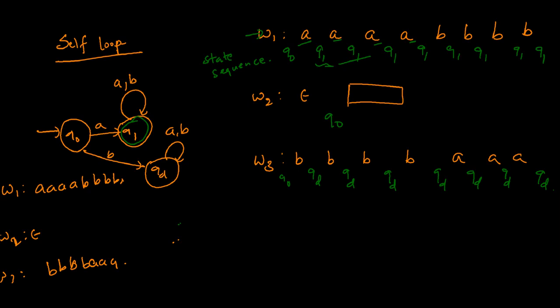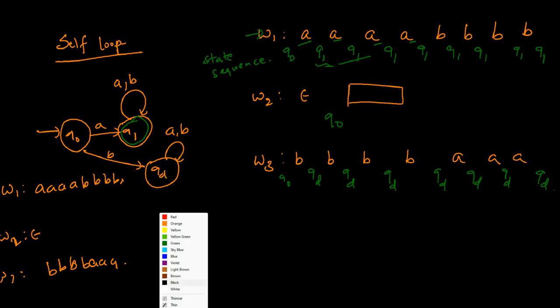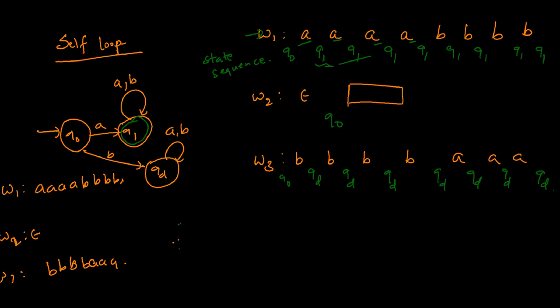So do you understand what I mean? This is Q1. Q1 is the final state. So on seeing A, you reach Q1. It means A is a part of the language.